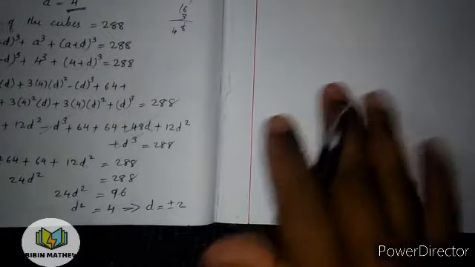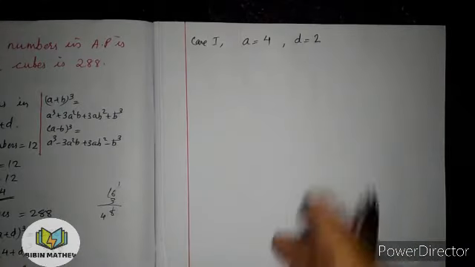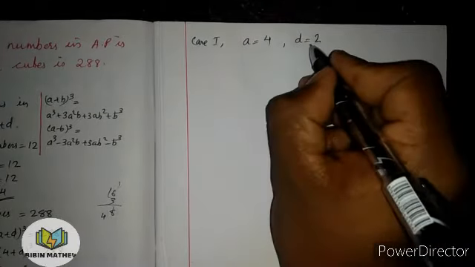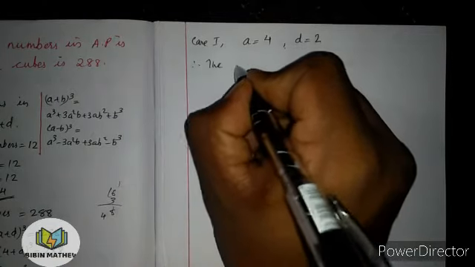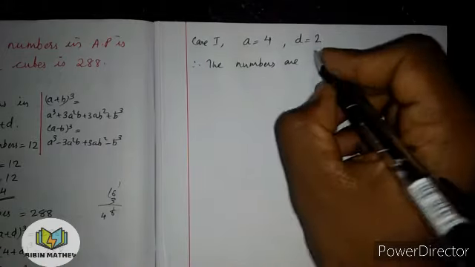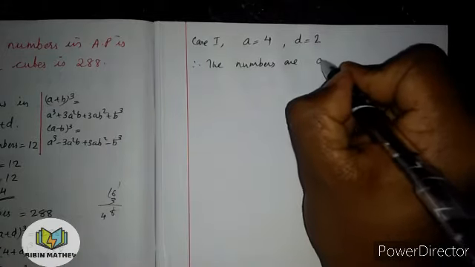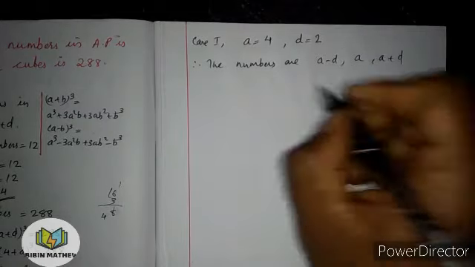Because here you can see there are two d's. One is plus 2 and another one is minus 2. That's why we are taking the case like that. So first of all, let us take that a is equal to 4 and d is equal to 2. Therefore, the numbers are, what was the numbers? The numbers were a minus d, a, a plus d.